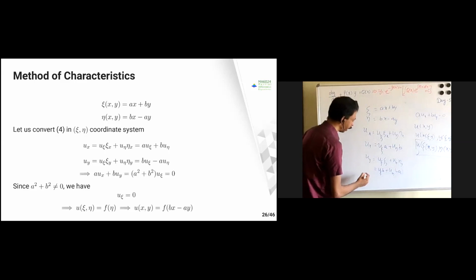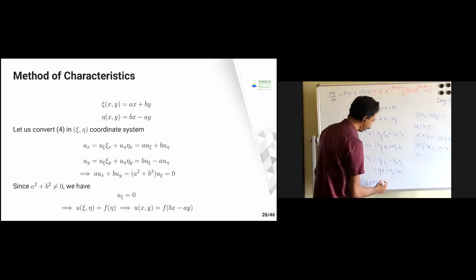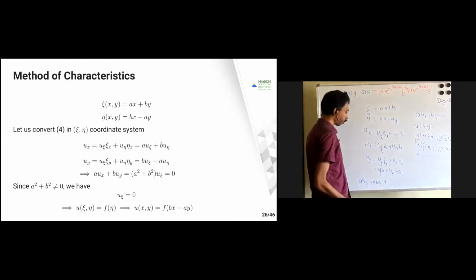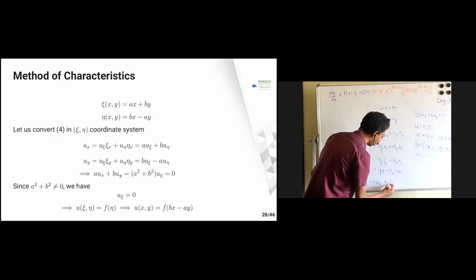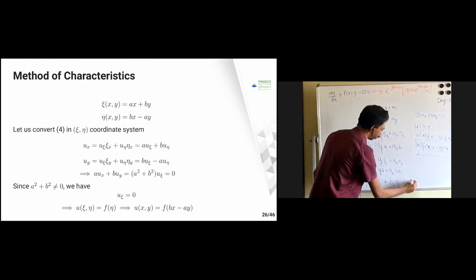Now we substitute over here. What will happen here? This is going to become a square u_eta, plus ab u_chi, u_eta here, plus b square u_chi, minus ab u_eta. So these two get cancelled, equal to 0.